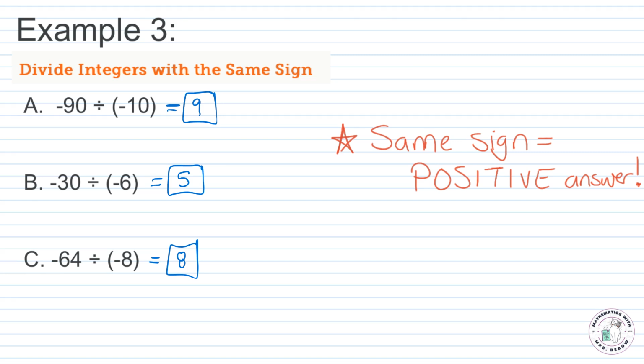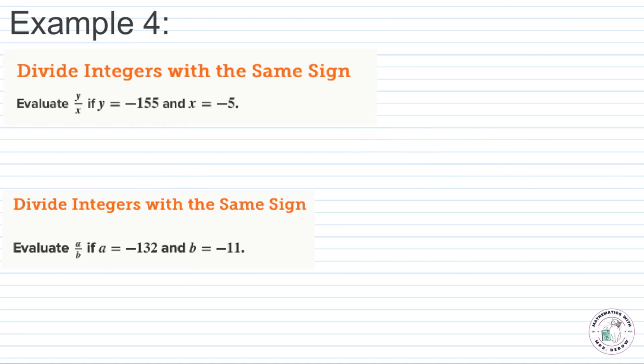Now let's take a look at some examples that require us to evaluate expressions. We're going to look at questions that still have integers with the same sign, just so we can get that rule solidified. Evaluate y over x if y equals negative 155 and x equals negative 5. Now remember, this fraction bar just means division, so don't let that intimidate you. You don't even have to rewrite it with the fraction bar.